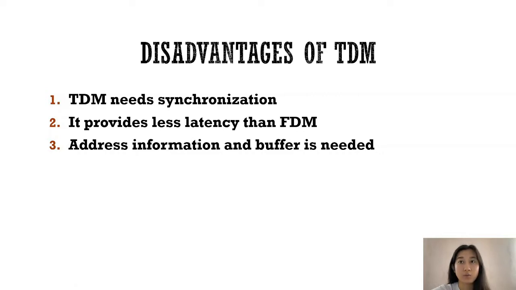High latency is when it takes longer to see the results. The less delay, the better. This may either be an advantage or a disadvantage for a TDM. In TDM, address information and buffer is needed.